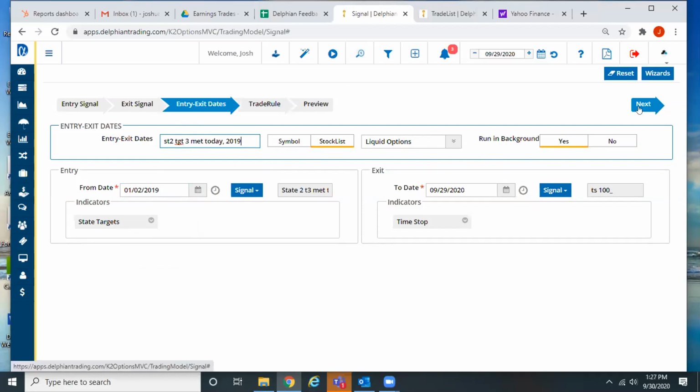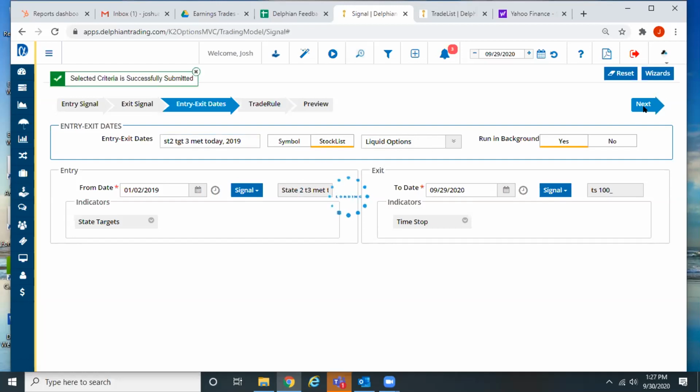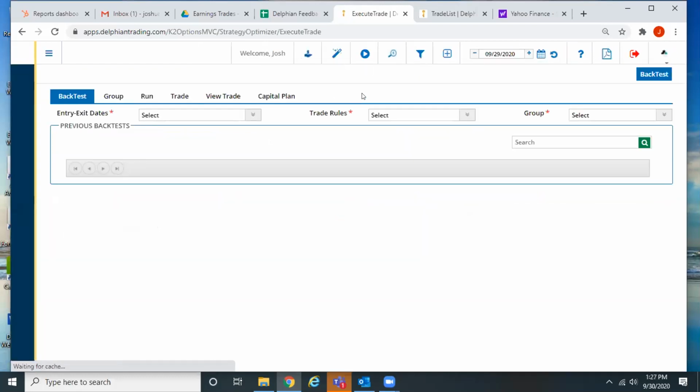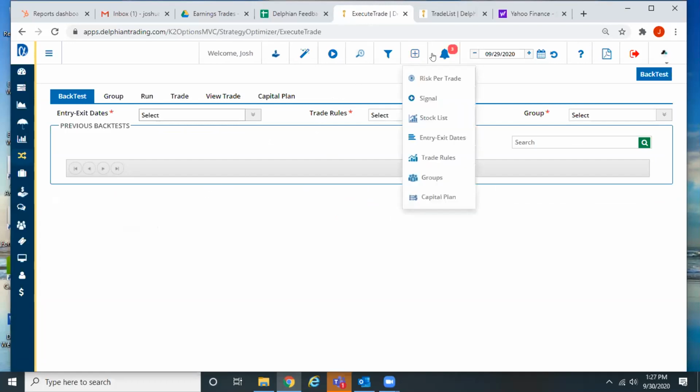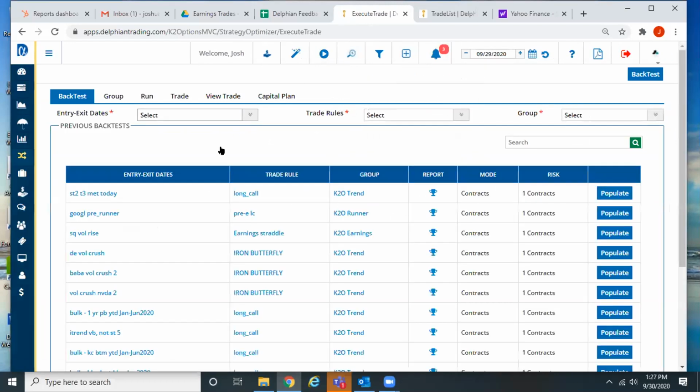We're just testing the last 2 years for the state 2 target 3 and all the liquid options. Luckily I'm prepared and I already did that back test, so I can pull it up for you. That's a state 2, target 3 met today.